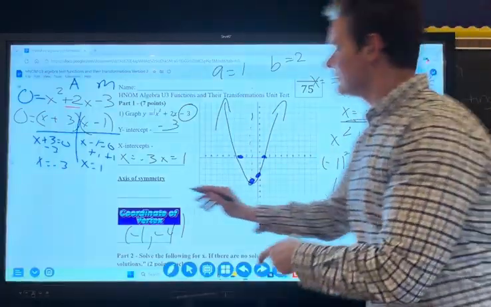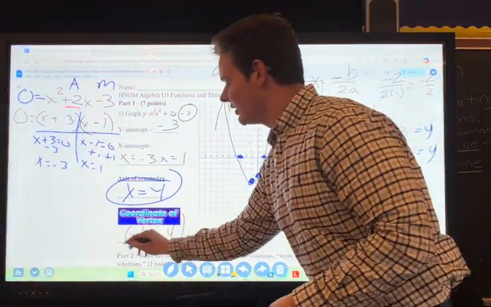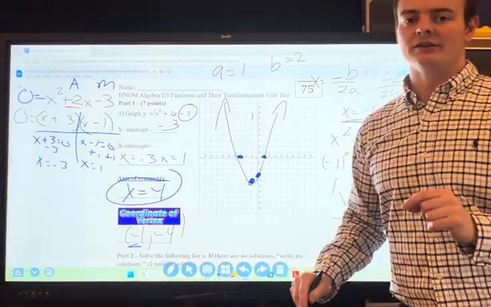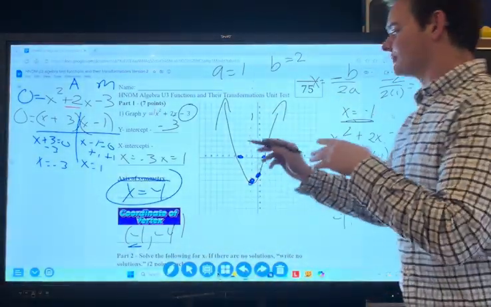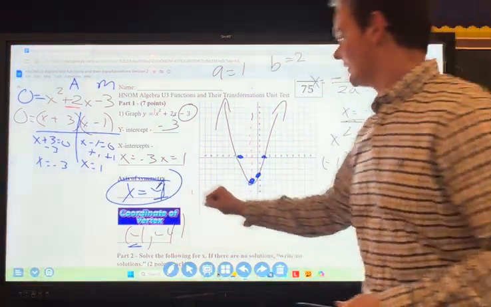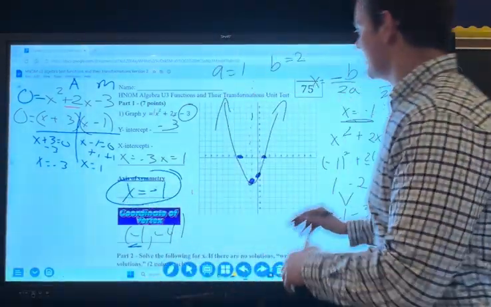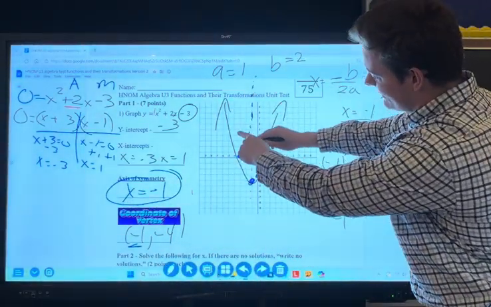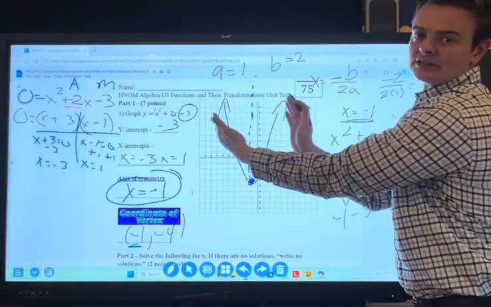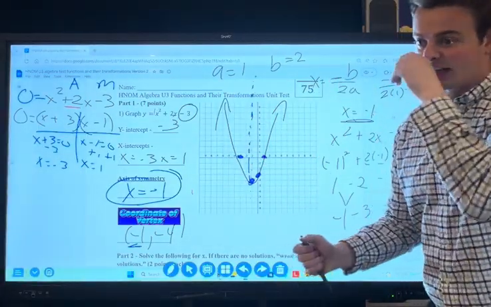Since it's a vertical line, it's x equals whatever my x coordinate of the vertex is. So in this case, it's x equals -1, because that's the line down the middle that I could almost fold this over and it'd be the same on both sides.